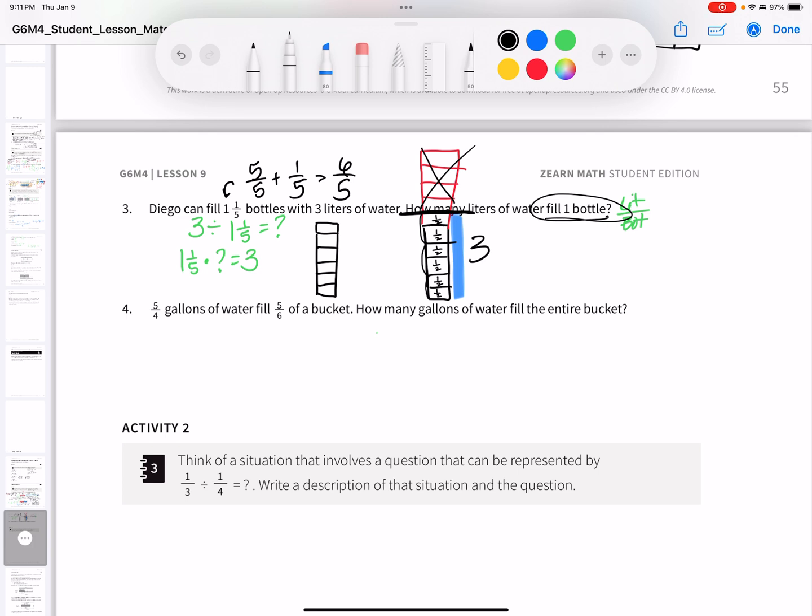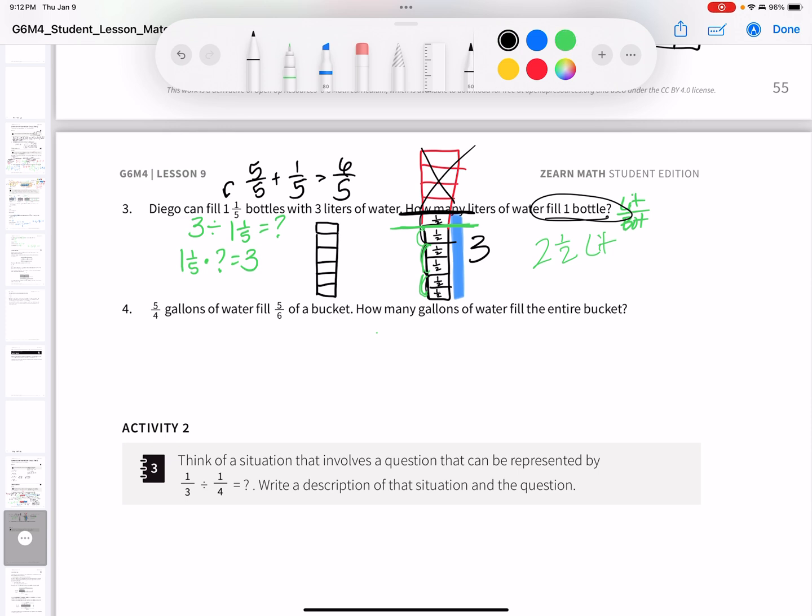So 1 water bottle is going to be right here, 5/5. 5/5 is the same as 1. So how many halves are in 5/5? Well, we have 1, 2, and a half. So how much will fill one bottle? 2.5 liters.